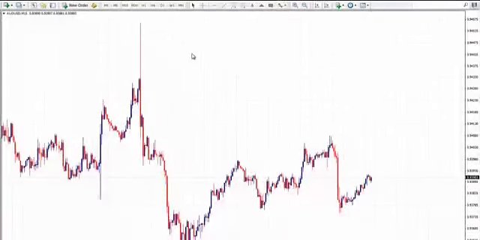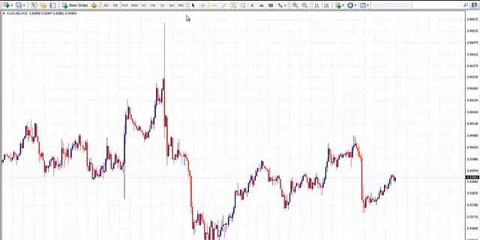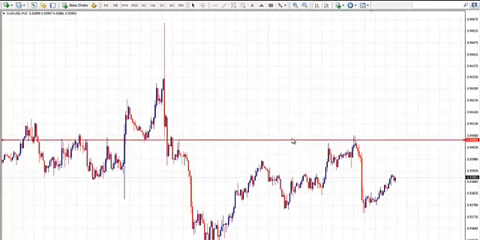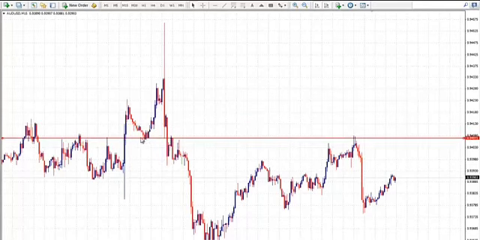And this is the 50-minute chart. Okay, and if you are a scalper, you are going to set your levels on the 50-minute chart. And for example, here we have a support area. Okay, a previous support area that got broken, so we are waiting for price to test this area as now resistance.